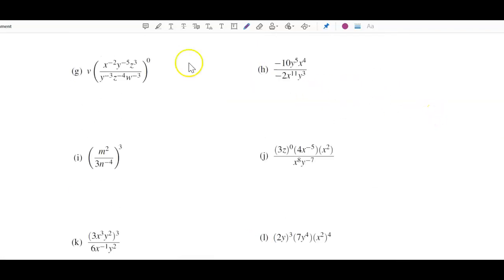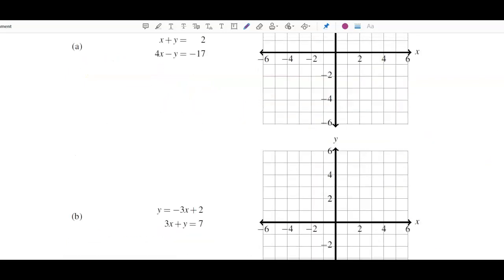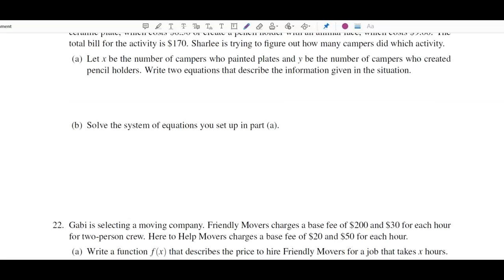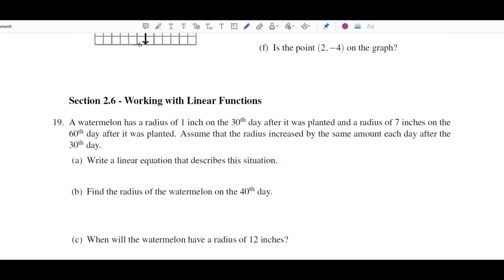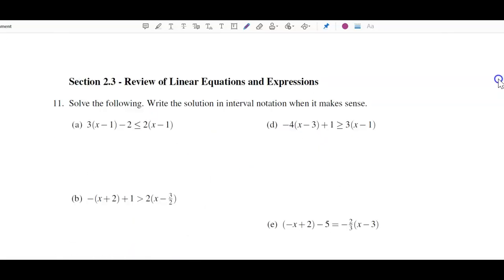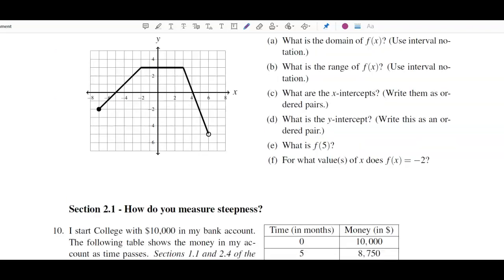So we did some already with the exponents, so I think I'm going to skip over those. So this is the review from the first test that we had there. Okay, I wanted to look at this one first.